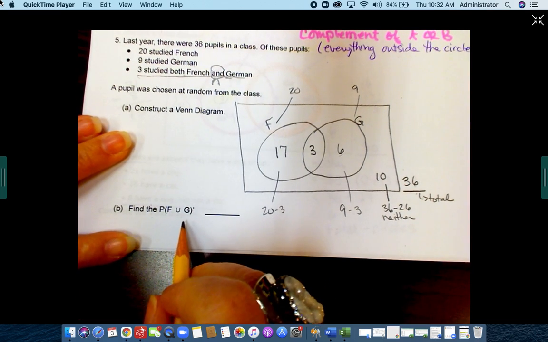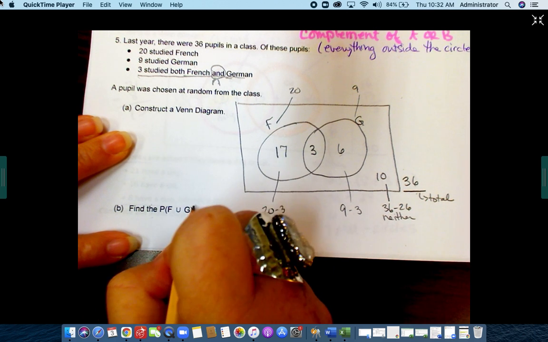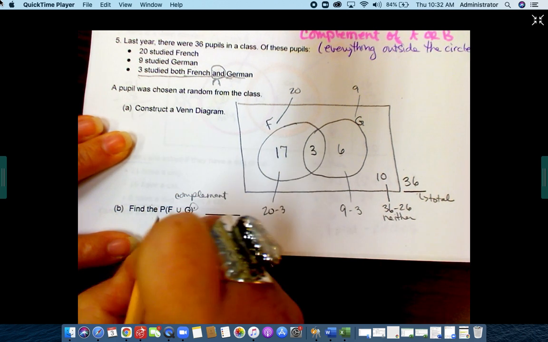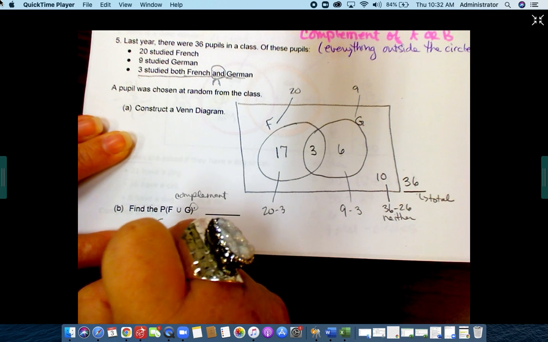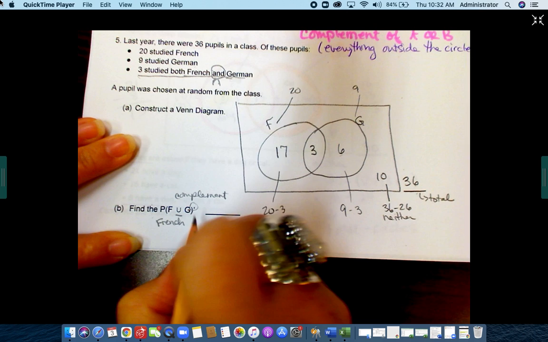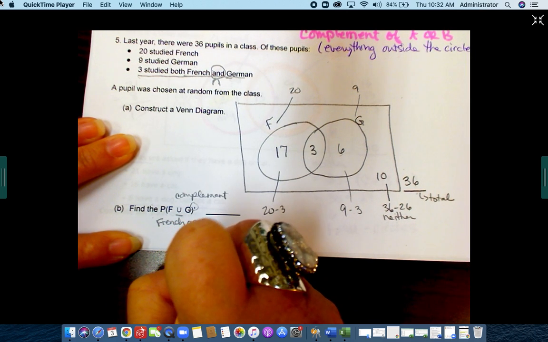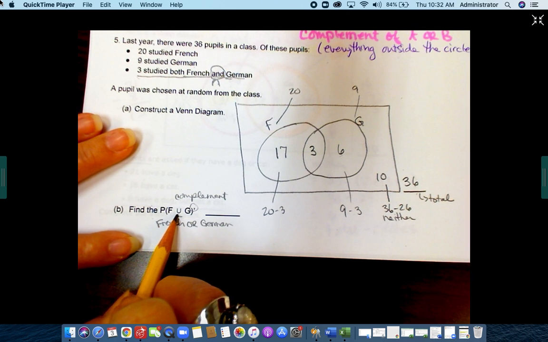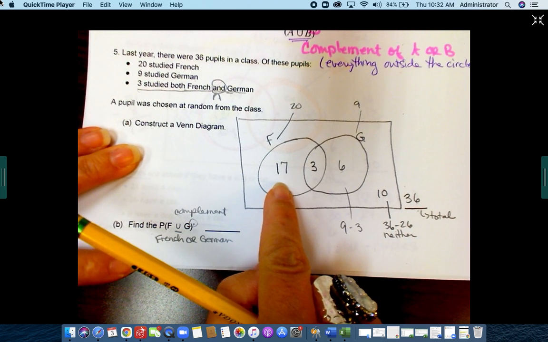So now notice, you see this apostrophe up here. This is the complement again. So this is the complement of French union German. What's that symbol mean? Union, meaning or. Well, that means you have to know what F or G is. If I ask these 17 students, do you take French or German?